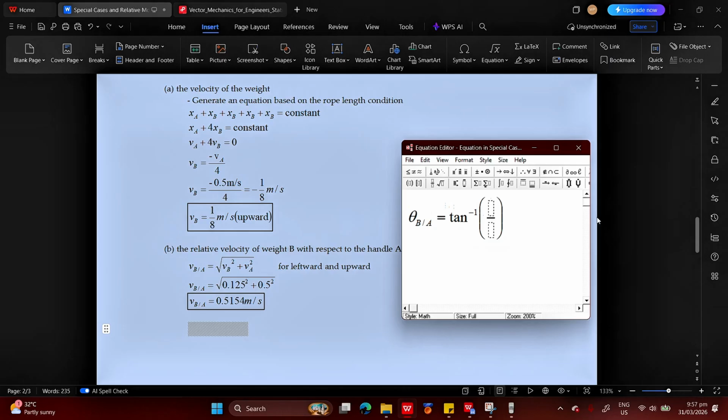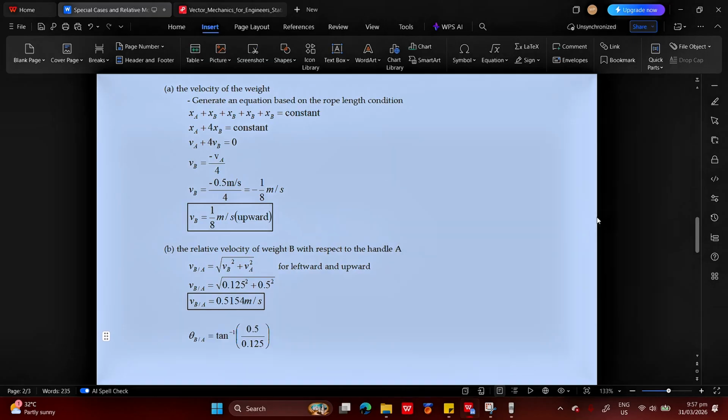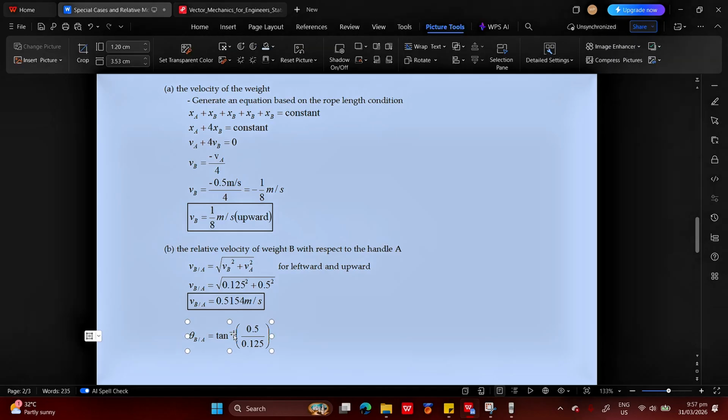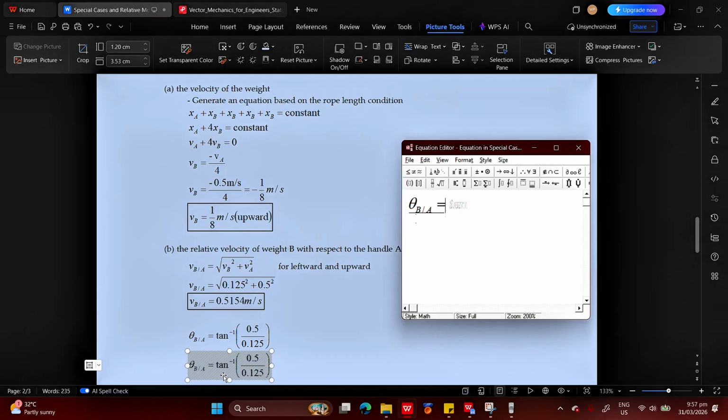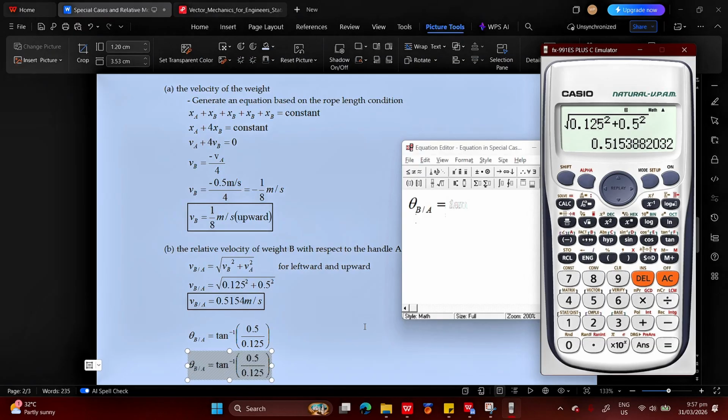That is 0.5 over 0.125. Shift tangent 0.5 over 0.125, 75.96.